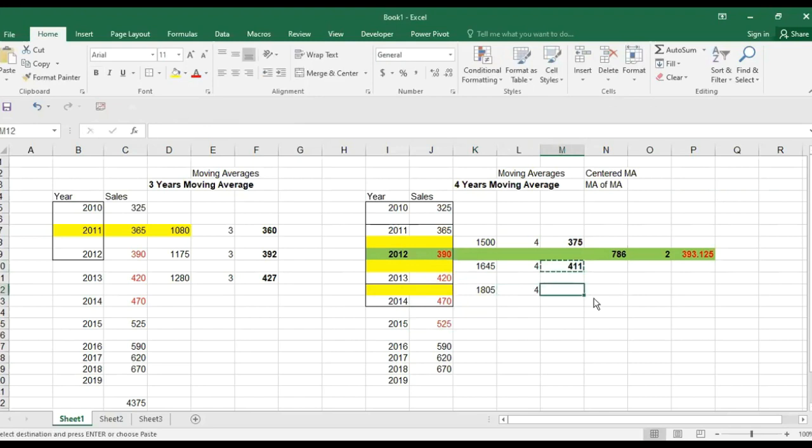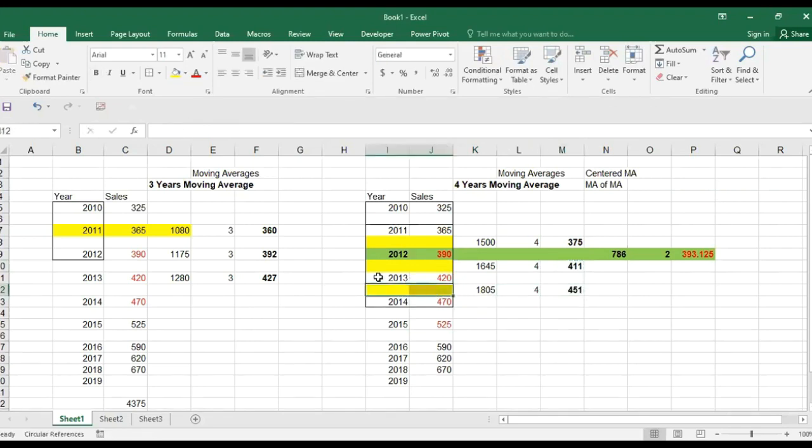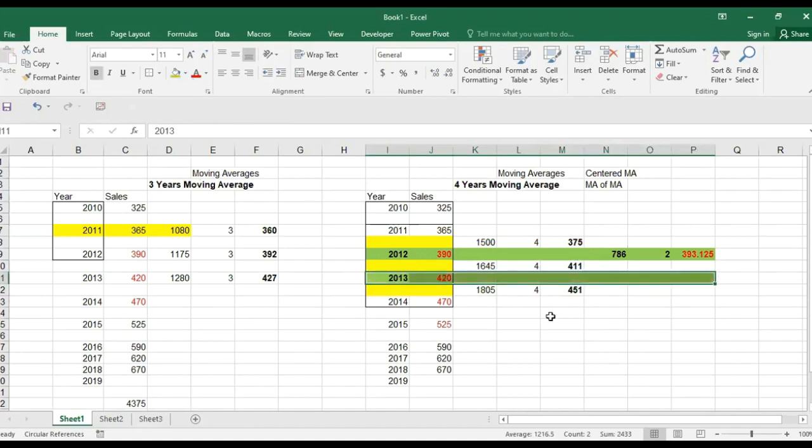Now this is the average, but again it is somewhere here, and this is in fact the straight line in front of year number 2013. And here we will calculate the moving average of the moving average. You take 2 years, and because this is 2 years, you divide it by 2 and you get this average.